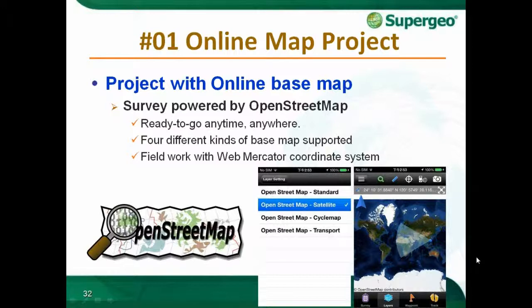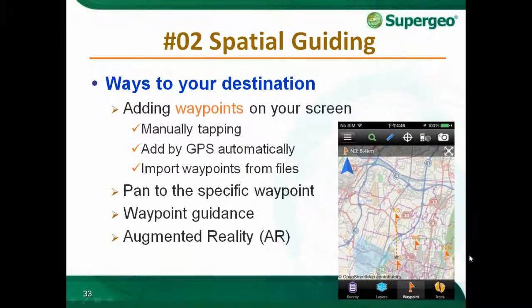We support four different kinds of OpenStreetMap as your base map. The fieldwork will be saved in the Web Mercator coordinate system, including all the layers you built. If you want to change it into a different coordinate system, you can use our desktop environment when you head back to the office.